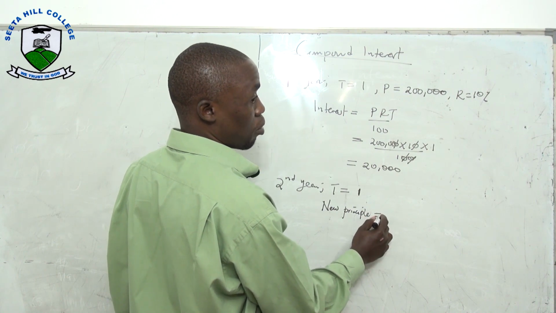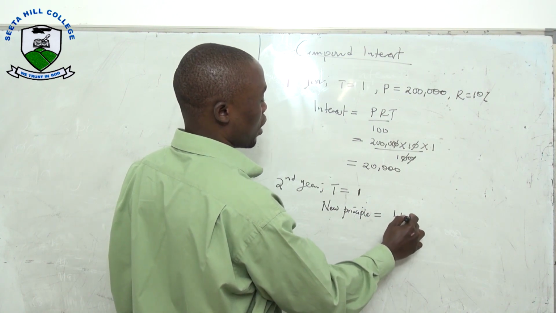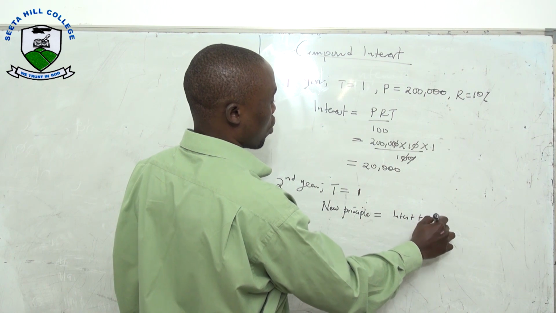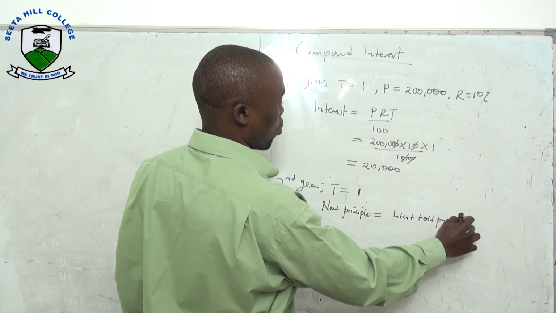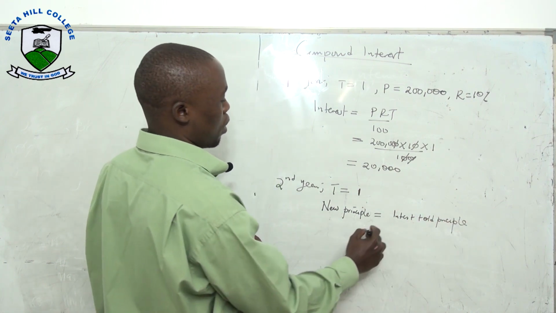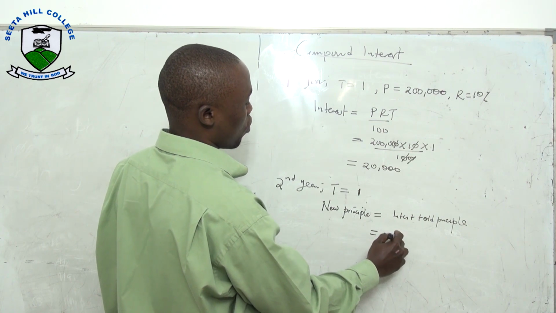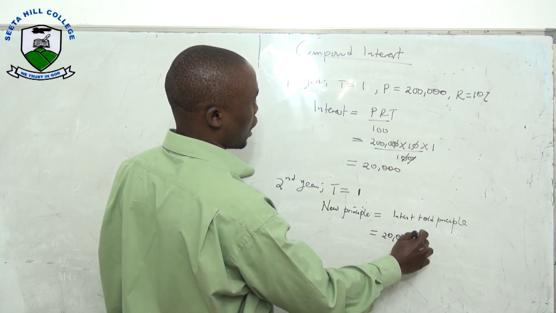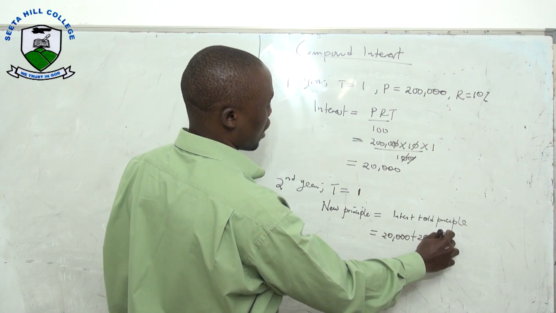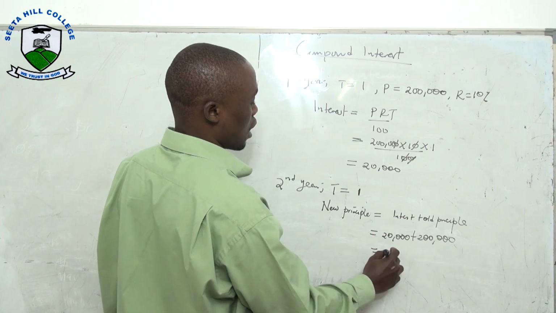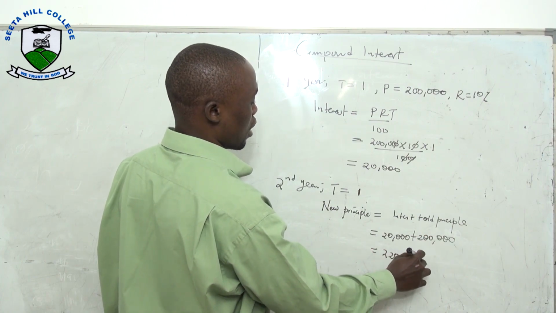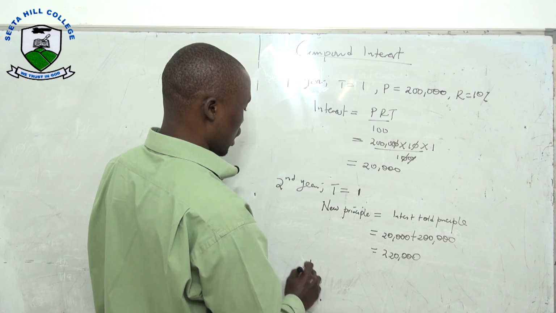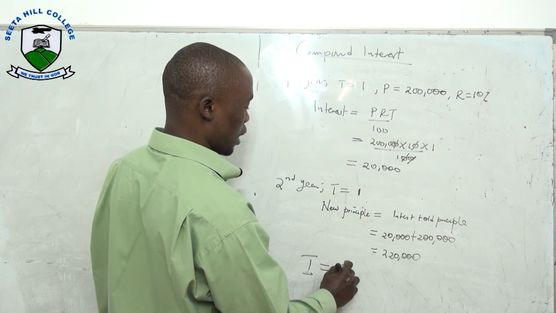Yes, we said the principal must keep changing. That's the interest plus the old principal. That means you have 20,000 plus 200,000, giving us 220,000. Now, interest here is still PRT.